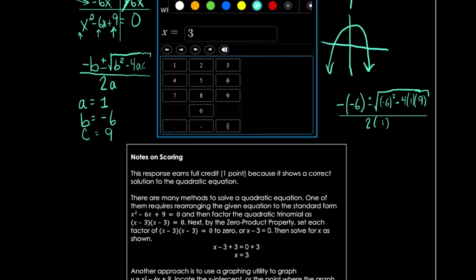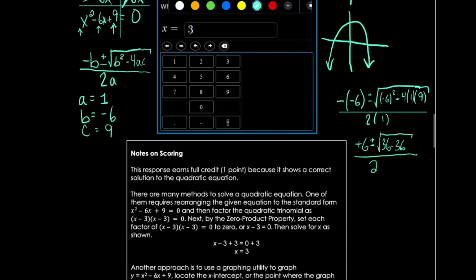Now let's figure this out. So negative 6, that's going to end up being positive 6. Plus or minus the square root of 36 minus 36. Okay? All over 2 times 1 is 2. 36 minus 36 is 0.